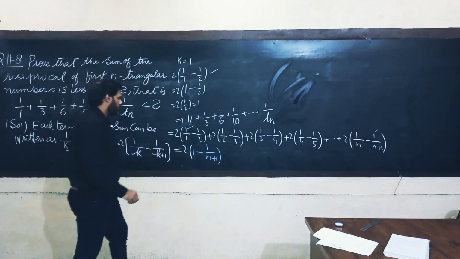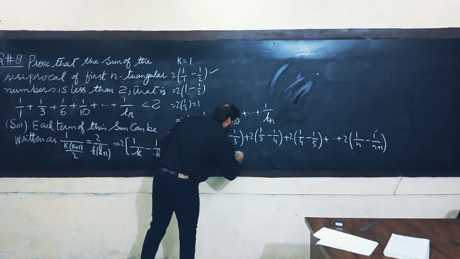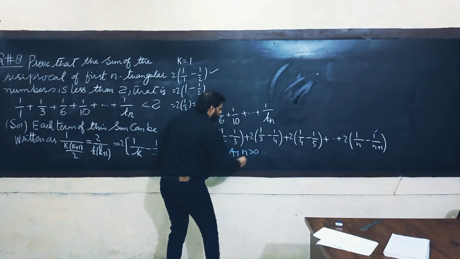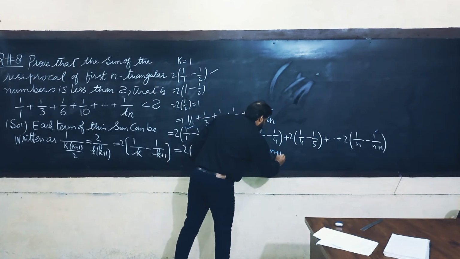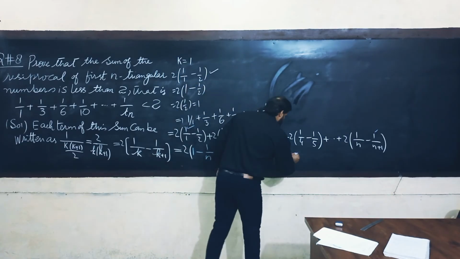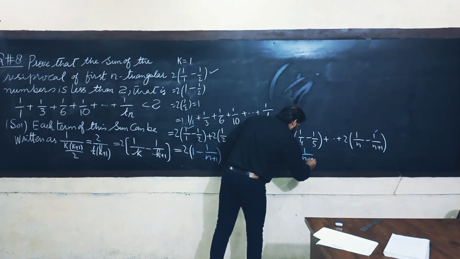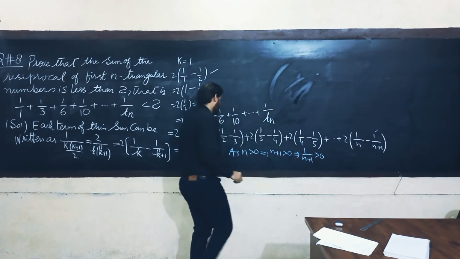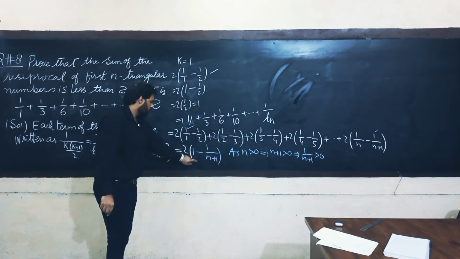As n is a positive integer, this implies n plus 1 will also be greater than 0. This shows its reciprocal is also greater than 0.